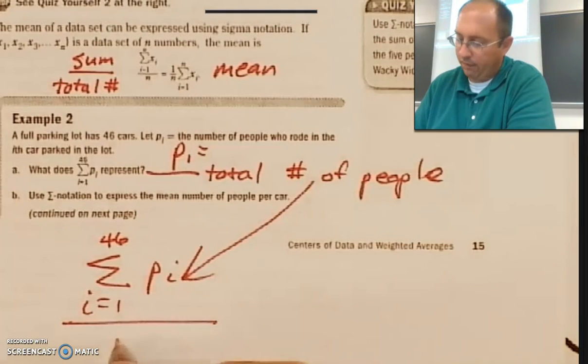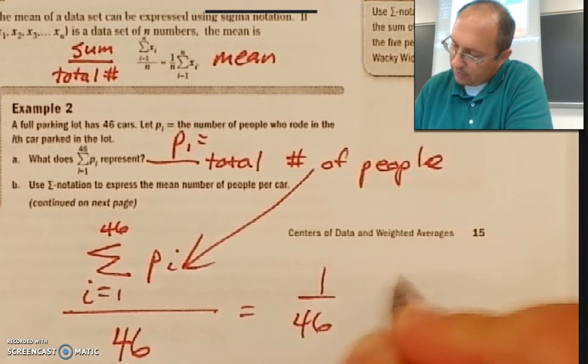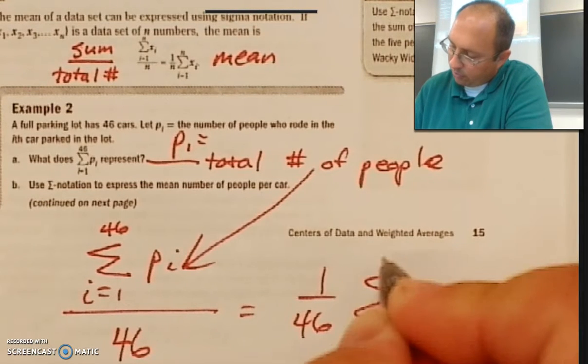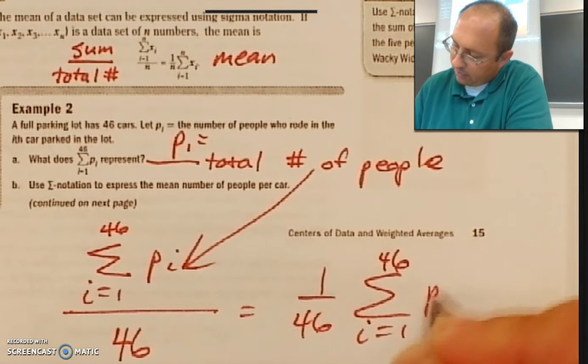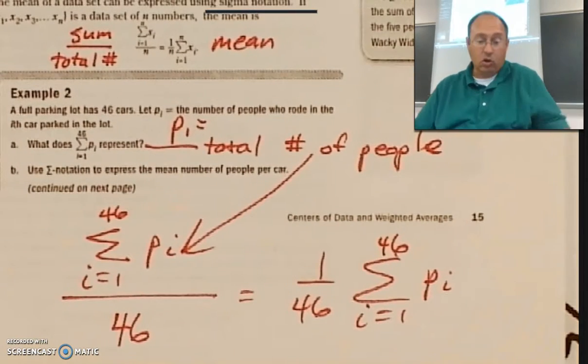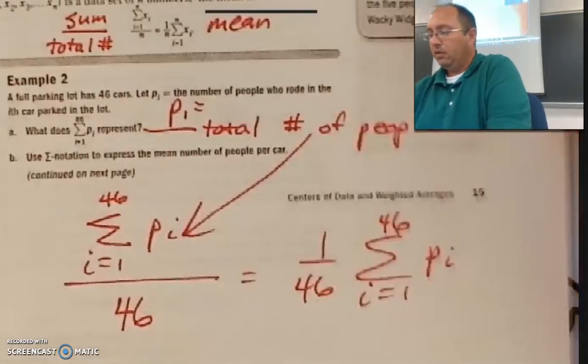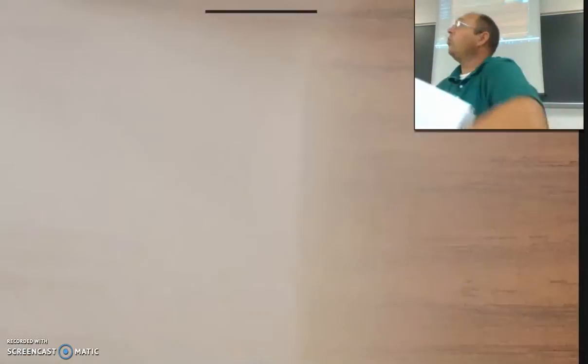We divide by 46. Or you could say, 1 over 46 times the sum as i goes from 1 to 46, P sub i. Because we know that dividing is the same as multiplying by the reciprocal. I know, pretty fancy stuff. Not really.